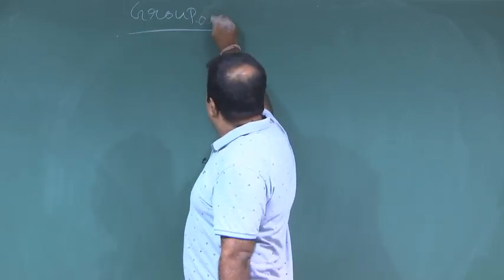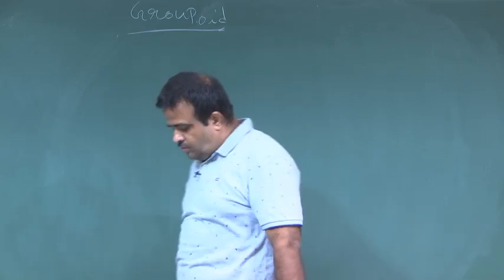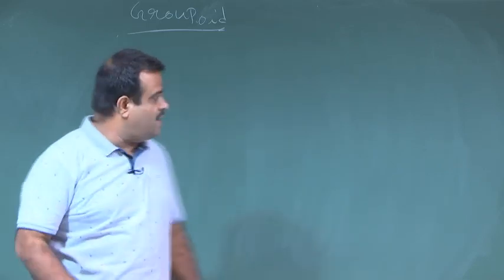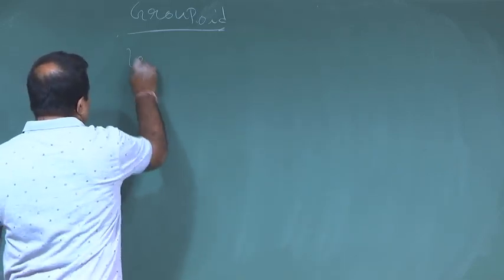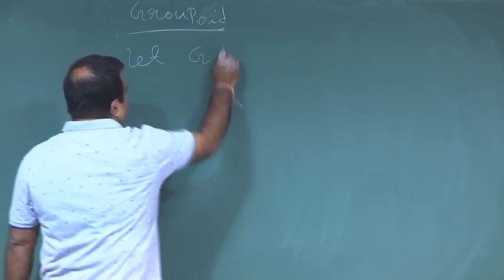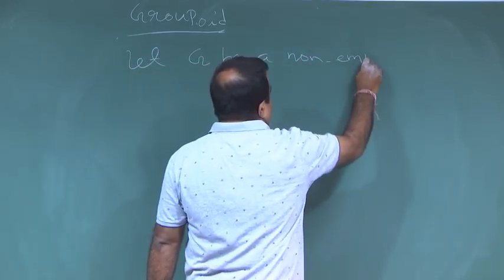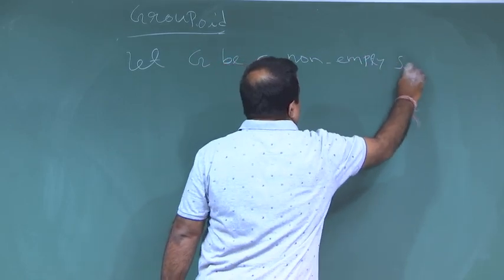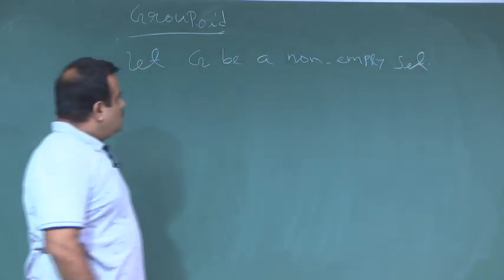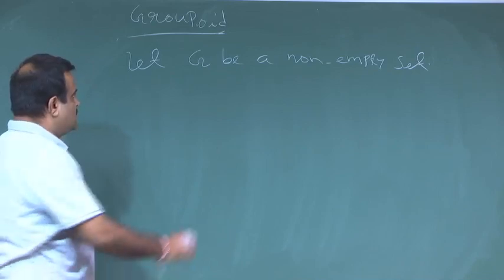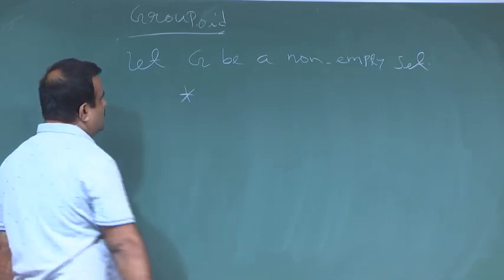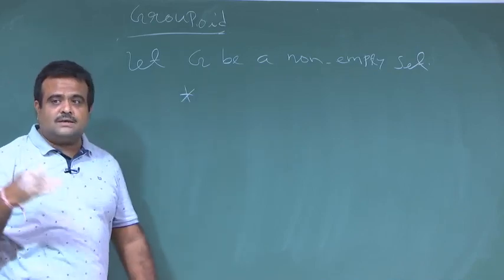So, groupoid. Let G be a non-empty set on which we have an operator star, and star is a closure operator.